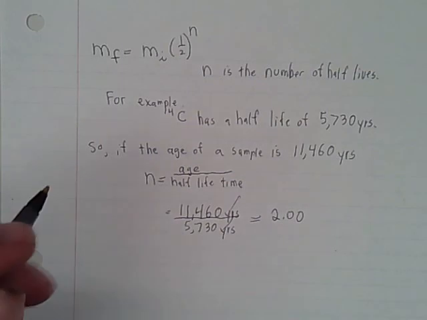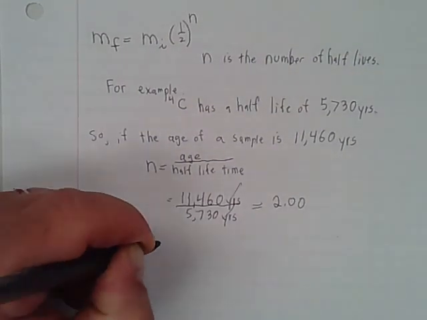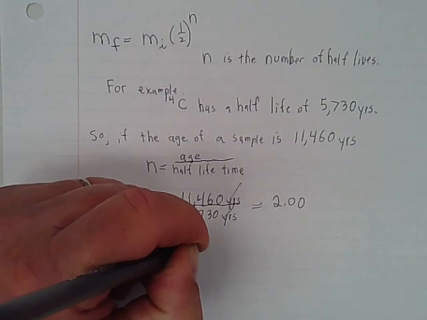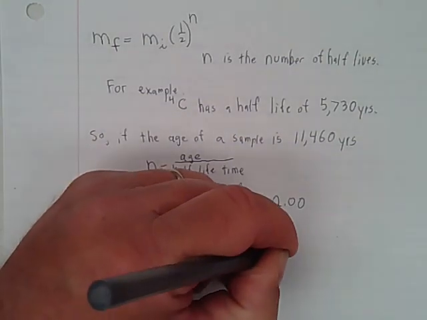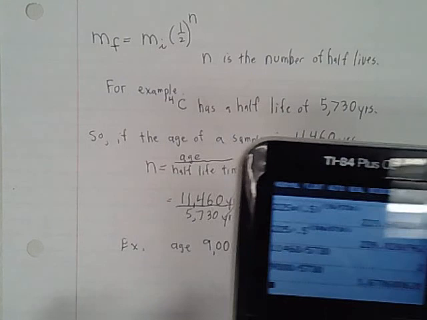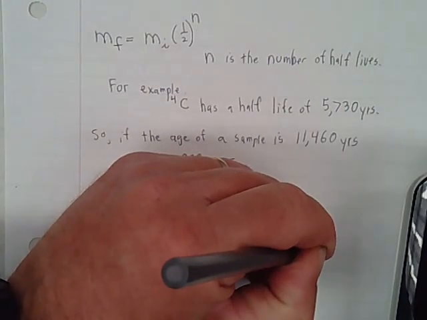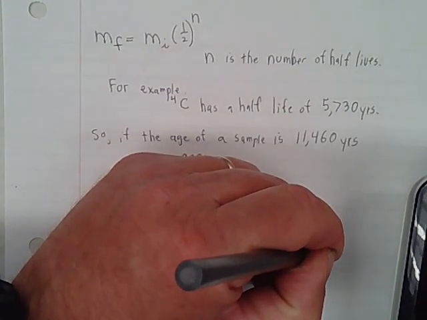So, as a second example, an age of 9,000 years would mean the number of half-lives is 9,000 divided by 5,730. Enter is 1.57068068.